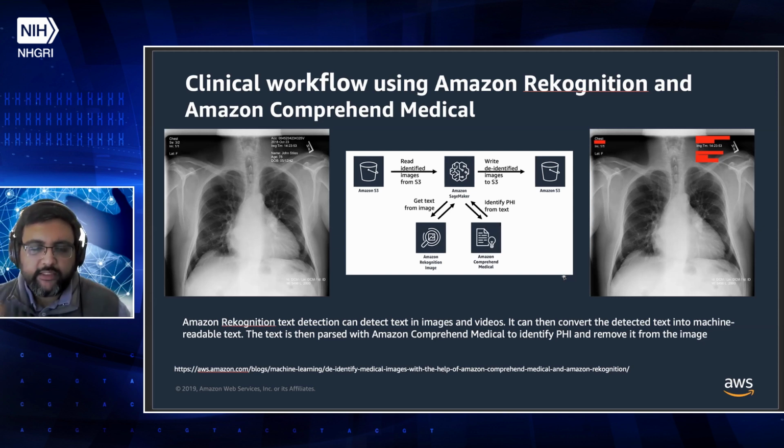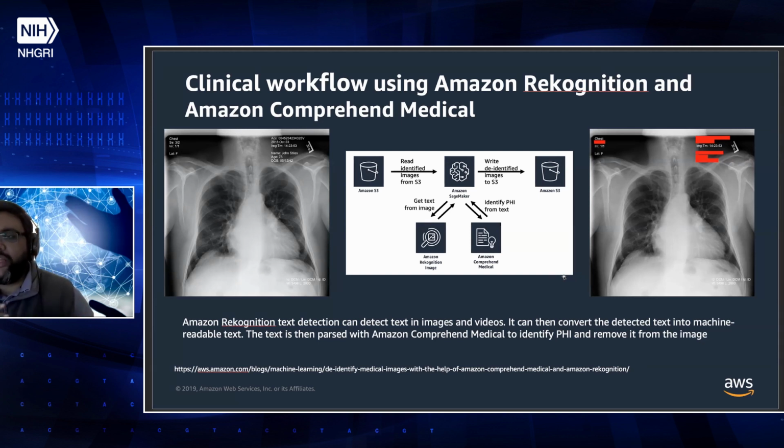In this particular case, the use case is a clinical facility that has an X-ray image that they want to de-identify so that it can be shared and put in a biobank and shared with researchers for their use, right?